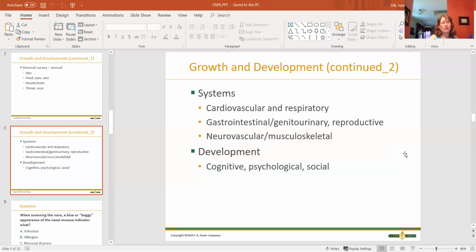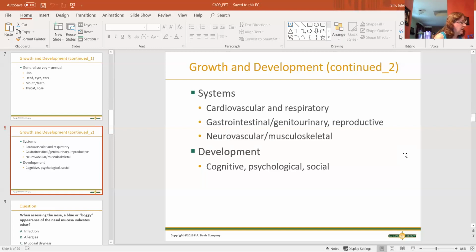With girls, you're going to look at their reproductive system to see if they have started their period yet. And then with neurovascular, you're going to look at their coordination and their balance, their fine motor skills. You're going to check for scoliosis.